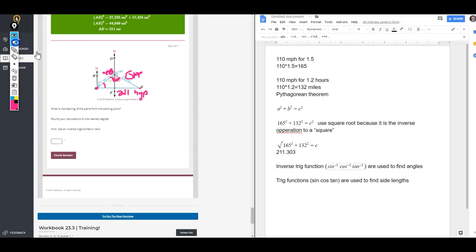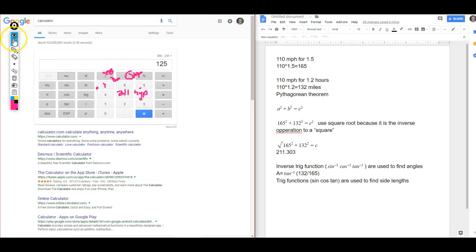So we would have tangent inverse. So the angle, I'm going to call it angle A, is equal to tangent inverse of the tangent ratio, which is the opposite side length divided by the adjacent side length. So I'd have 132 divided by 165. And then I'm going to jump over to our calculator and make sure I'm in degrees.